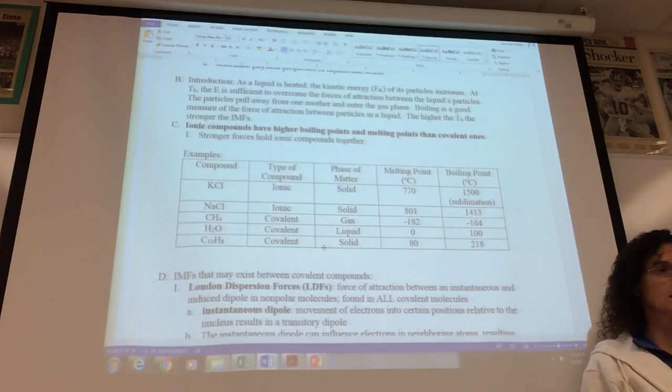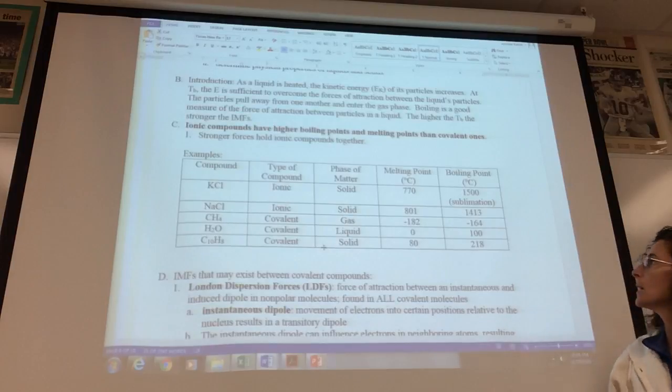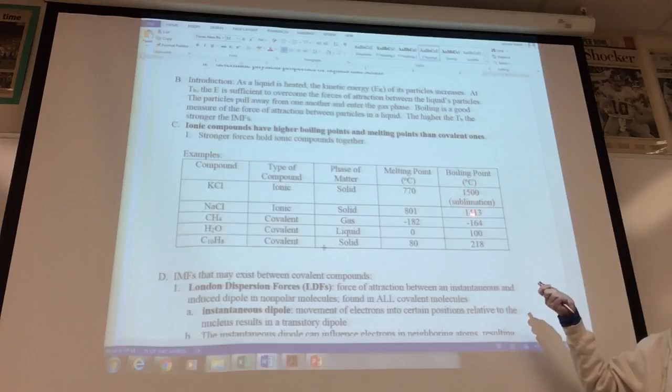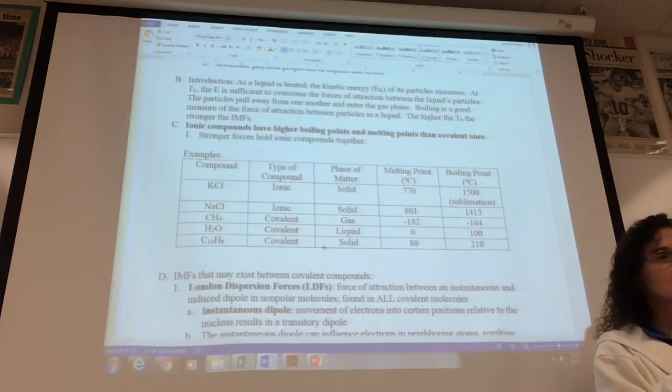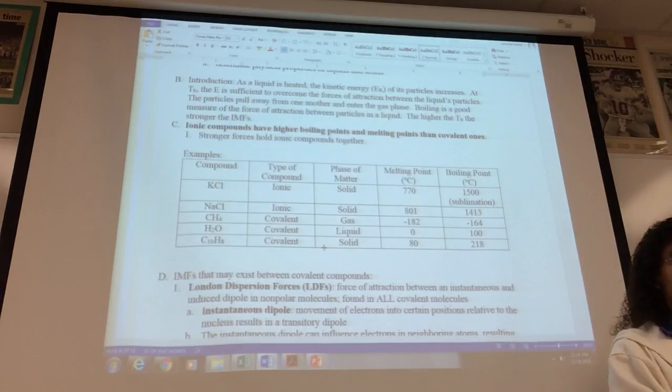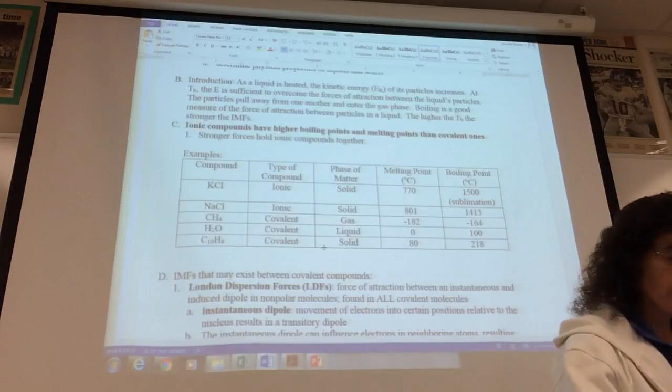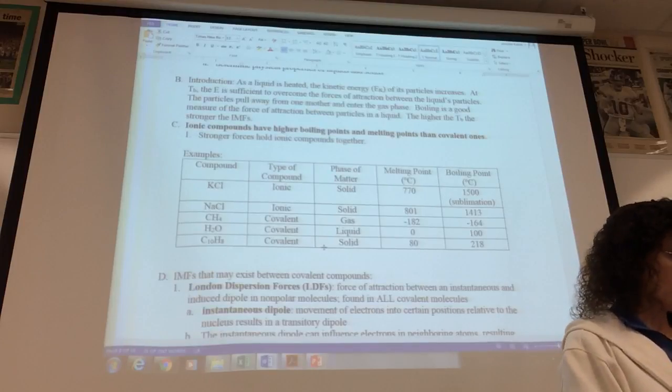So a significant difference, okay? Similarly, the boiling points of the ionic ones are much higher as well. And that tells us that if you are melting or boiling, what you are breaking are these intermolecular forces. So ionic substances must have much stronger forces between them than covalent ones do. First point you want to understand.